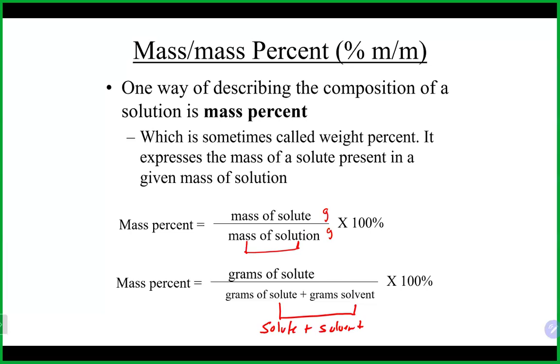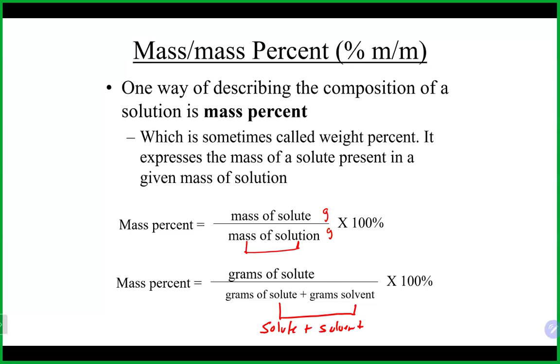A very common mistake is that people just grab the larger number, which is the solvent, and divide by the solvent and not really the solution. So you usually have to add them together to get the mass of the entire solution on the bottom, and then you multiply by 100.